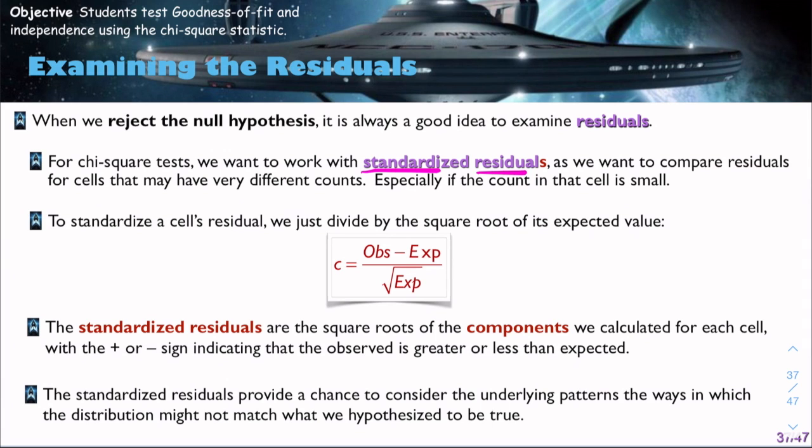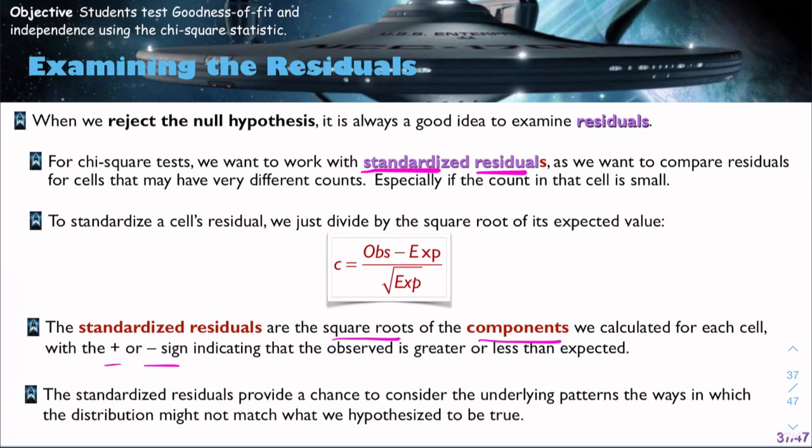So to standardize a cell's residual, all we do is divide the observed value minus expected by the square root of the expected value. So the standardized residuals are the square roots of the components we calculated for each cell, with a plus or minus sign indicating that the observed value is greater or less than expected.